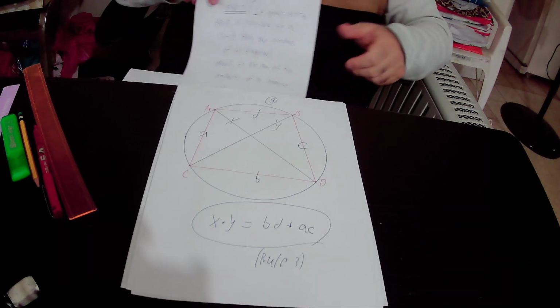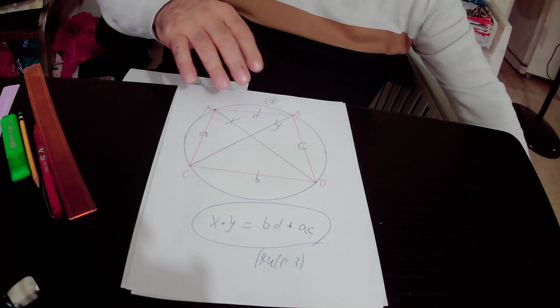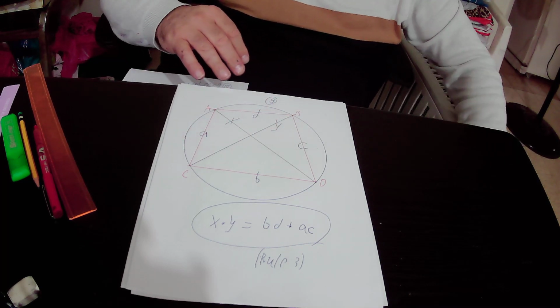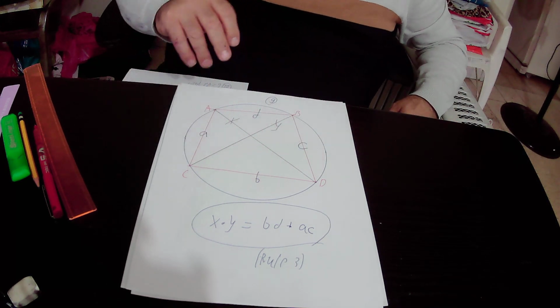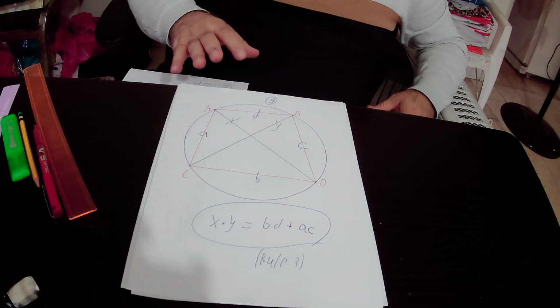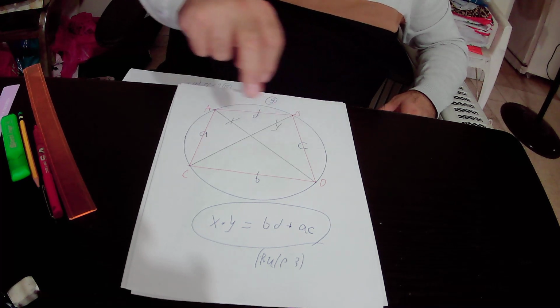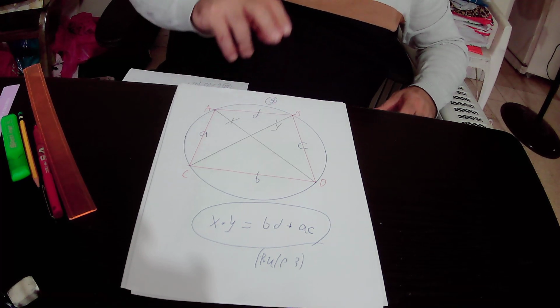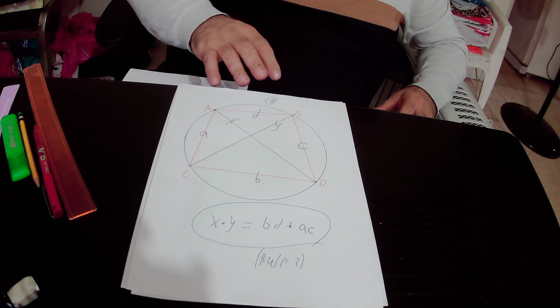The meaning of rule number 3 is that if we have this quadrilateral ABCD inscribed by this blue circle, so whenever we have a quadrilateral that is inscribed by a circle, we can implement rule number 3 in that drawing.